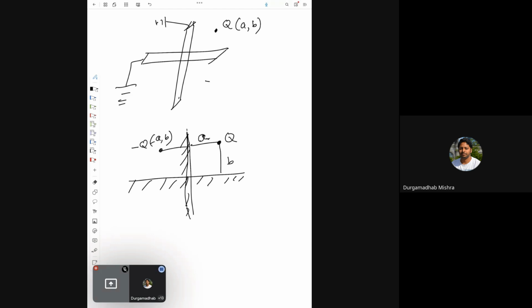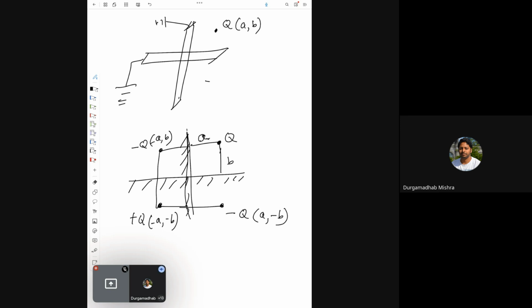I'll take another mirror image. This is minus q at a, minus b. And then again, since I have created these charges, they will also have a mirror image. So I'll take another one which has plus q, having coordinates minus a, minus b.